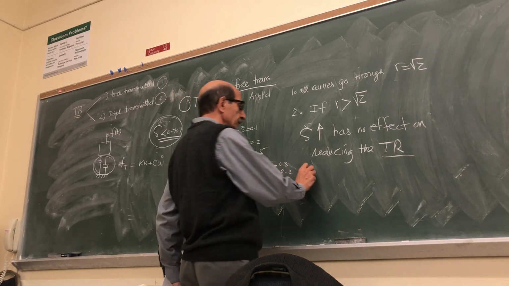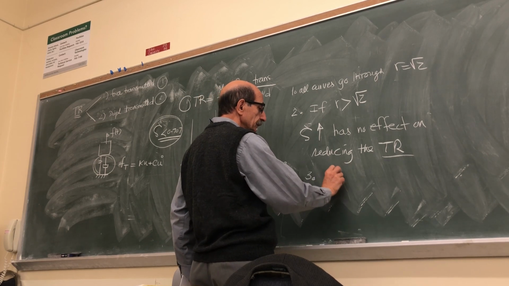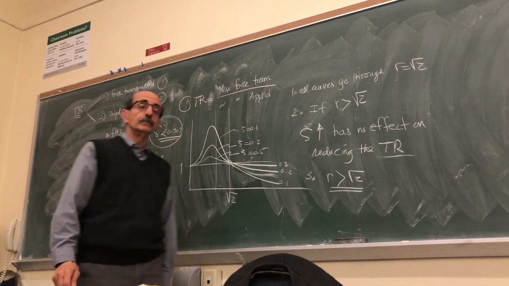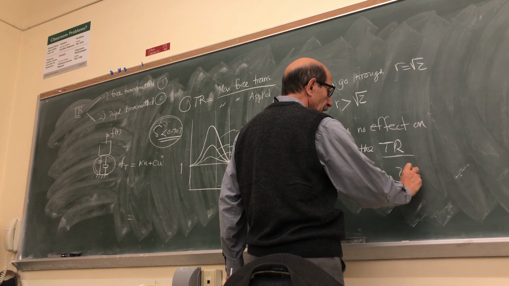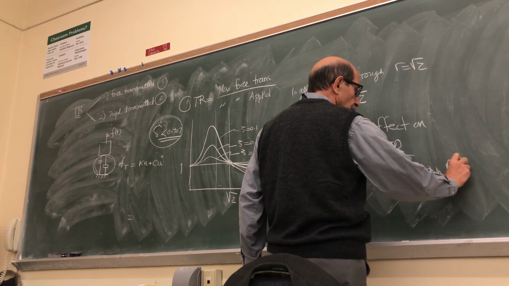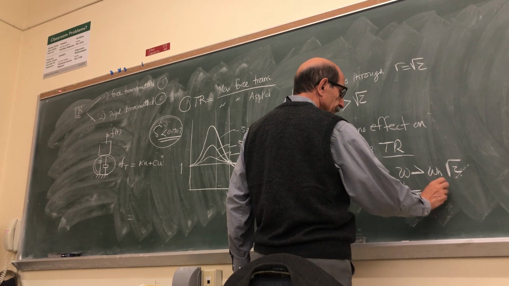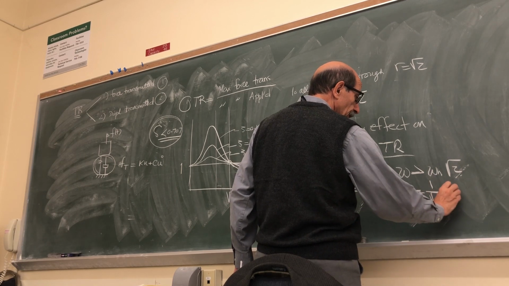Another observation we made was, you really want, ideally, that R be greater than square root of 2. So that means what? That means omega is greater than omega n square root 2, or let's say omega n is what? 1 over square root 2 of omega.